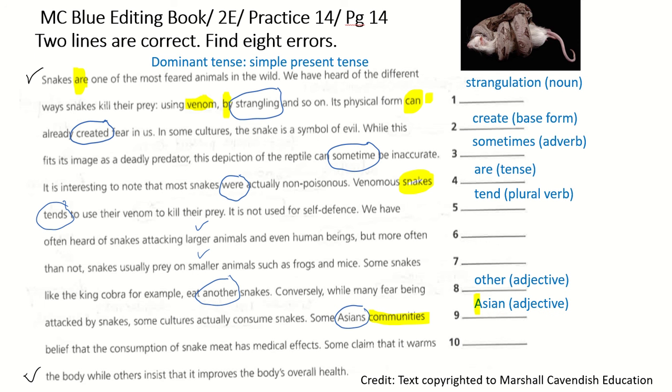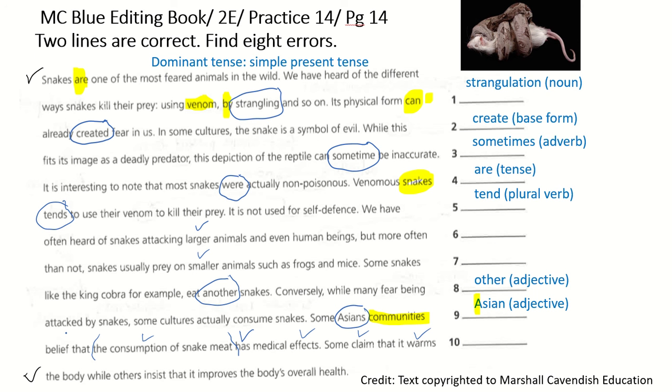Okay, the last error. Believe that the consumption of snake meat has medical effects. I think "has" is accurate, because the consumption of snake meat is a singular subject, so singular subject, singular verb, so that is correct. Effects is also correct. Claim is also correct. Warns is also correct. So what is the error here?